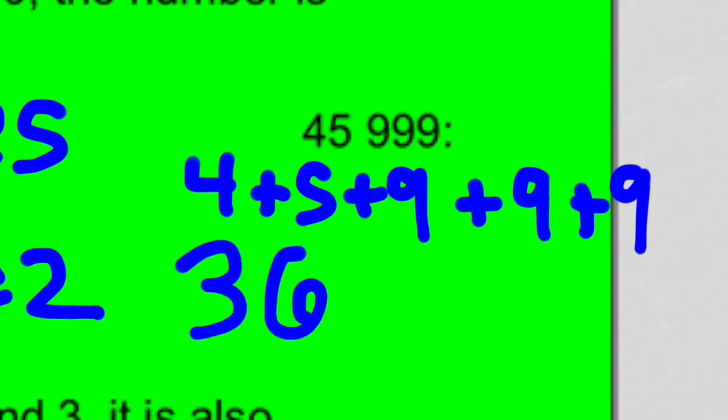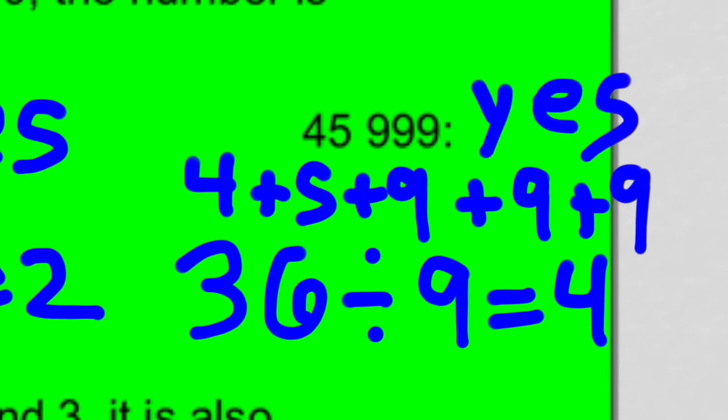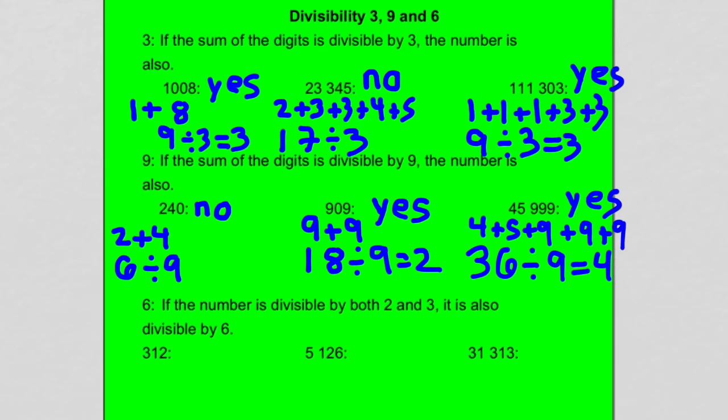And we've just checked now to see if this number is divisible by 9. So if we check for divisibility now, 36 divided by 9, we know there's 4 groups of 9 in 36, so 36 divided by 9 is 4. Since that digit sum divides evenly, so does the entire number. So you can see the divisibility rules for 3 and for 9 are almost identical.